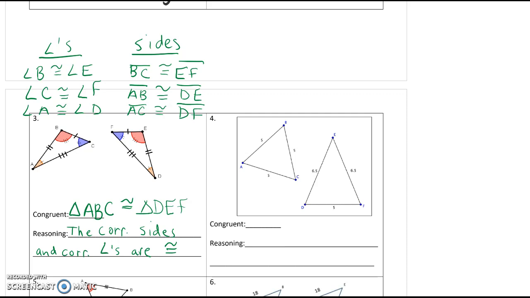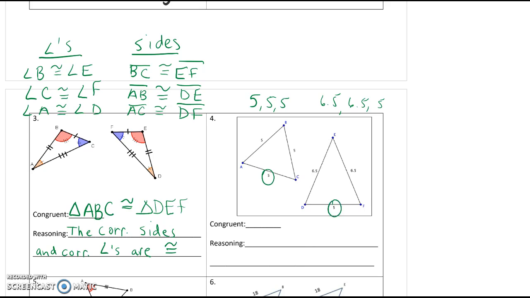Let's list off the sides here. That's what's given to us. So in this case, 5, 5, and 5. And over here, it's 6.5, 6.5, and 5. Okay, so far we only have one side that's corresponding, which is right here, 5 and 5.